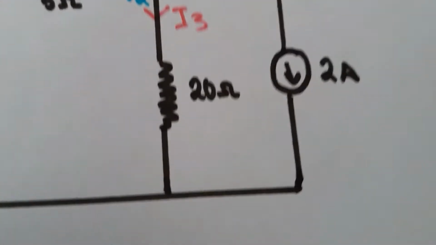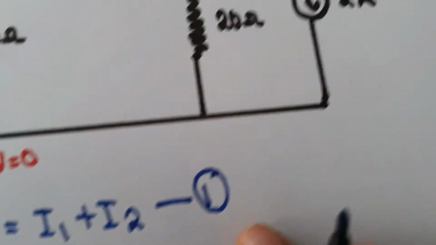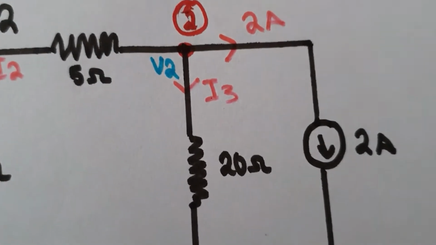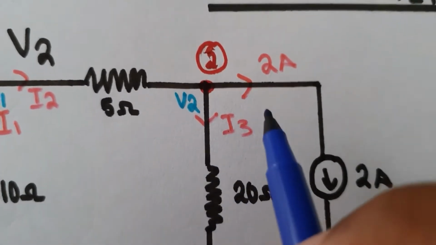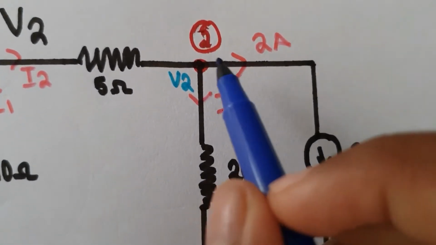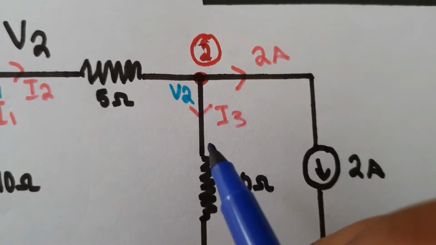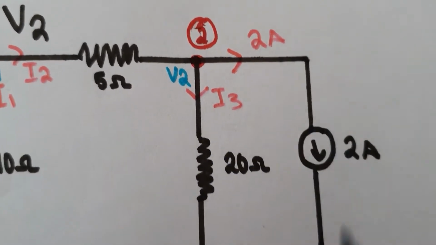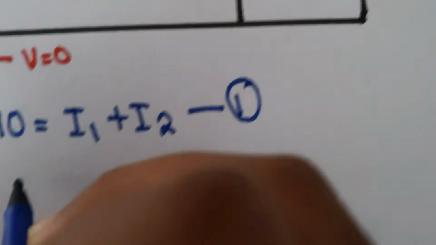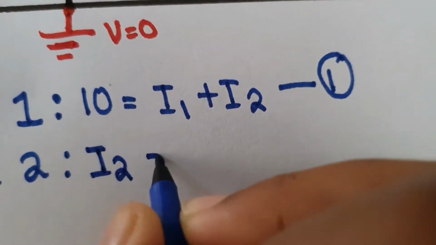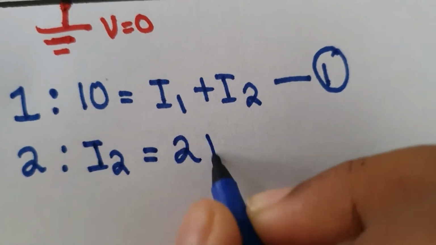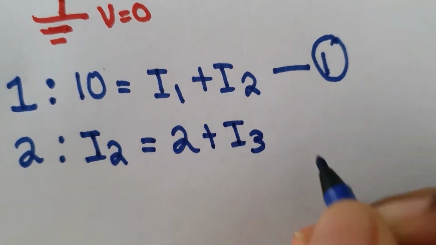Now in the second node, we can see I2 entering, and then 2 ampere and I3 leaving. So I2 equals 2 plus I3.